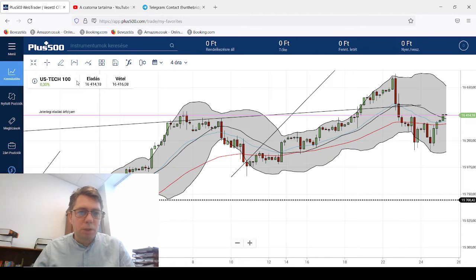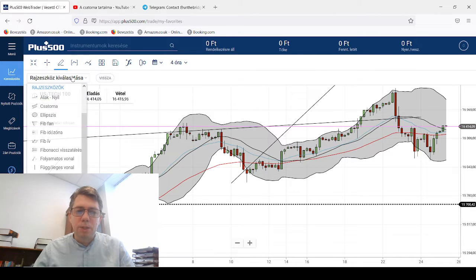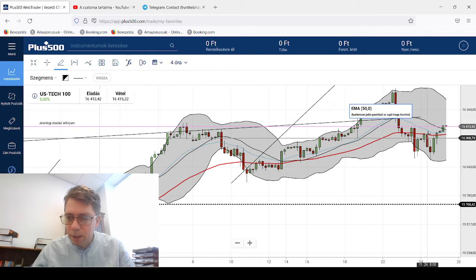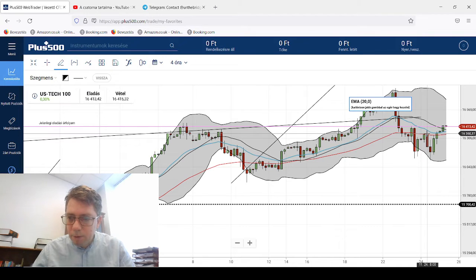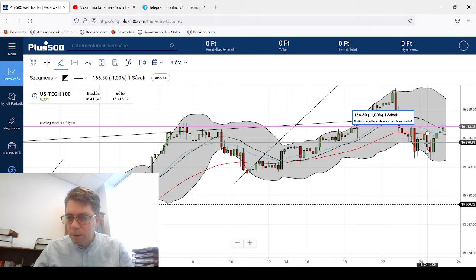Let me just measure the target. If we look at this as a W pattern on the 4-hour chart, of course this is a bullish pattern, and we can measure our target from the top. Let's just measure the body candles, to be conservative.